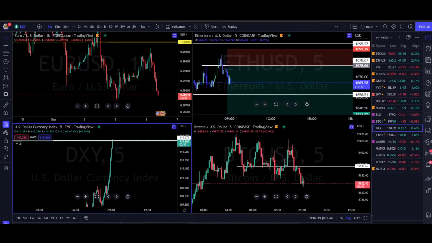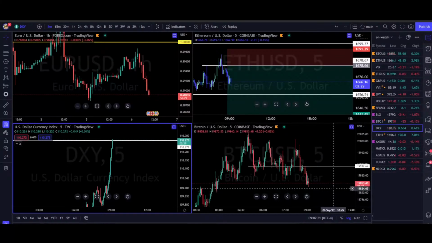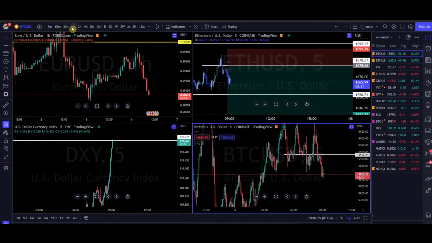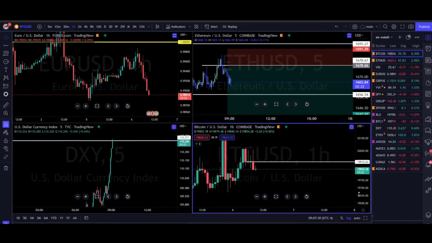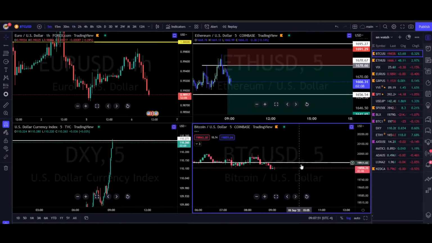Oh, what is it? The risk is going to be hard on Bitcoin. Like, where do you risk now? Looks bad. I don't know what you would risk here if you were to get long here.